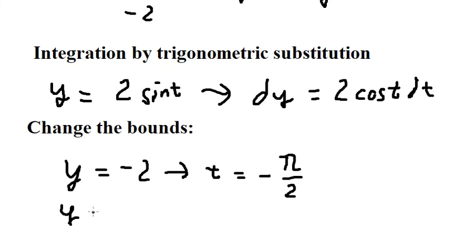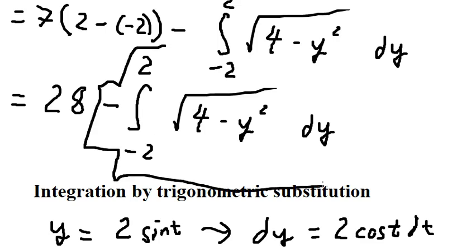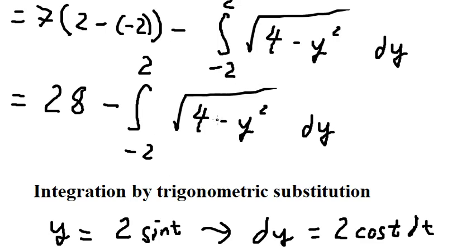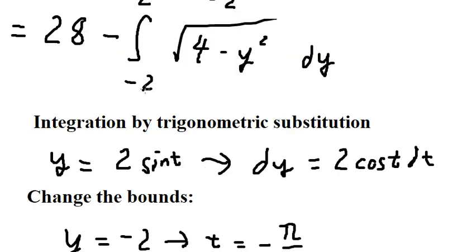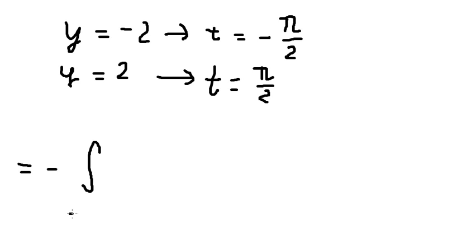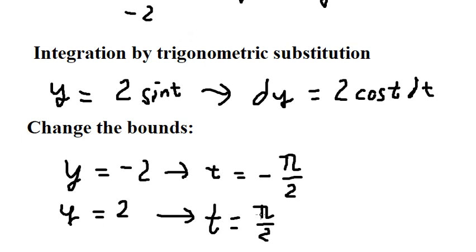When y equals positive 2, we put 2 in here. 2 divided by 2, we have 1. So we have t equals pi over 2. Now we just concentrate on this integration only. Negative 2 we change to negative pi over 2. Positive 2 we change to pi over 2.